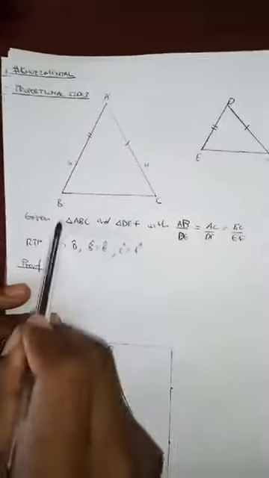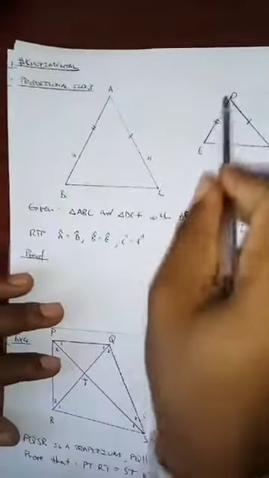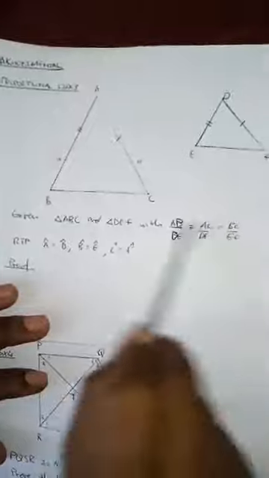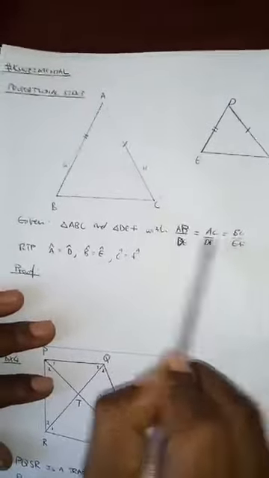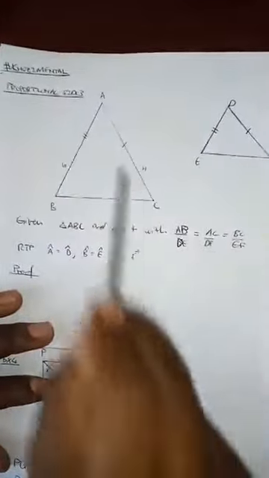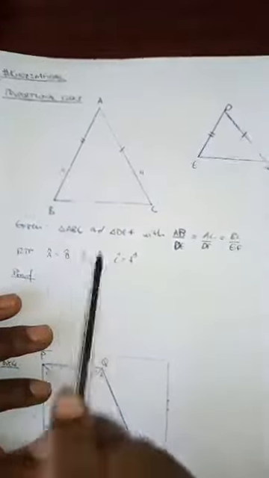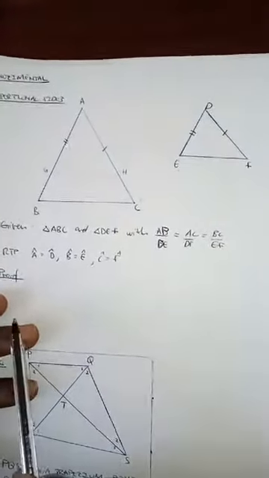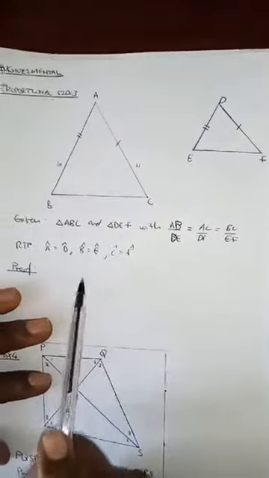So we are given that in triangle ABC and triangle DEF, you have these proportionalities being the same: AB over DE, AC over DF, BC over EF. And what are we required to prove?